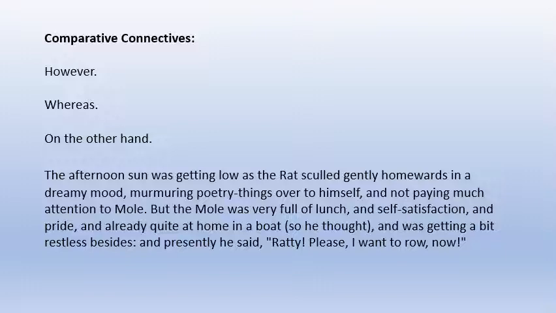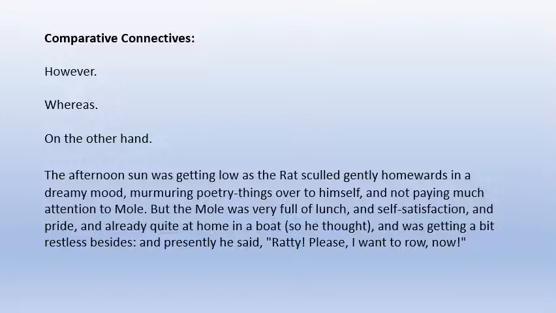But what I'm going to do now is show you what it is that I want you to do. So I've taken the first piece of the text that we're going to be looking at, and first of all, we're going to look at a difference between Rat and Mole.